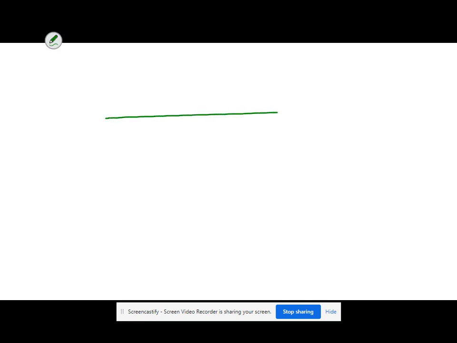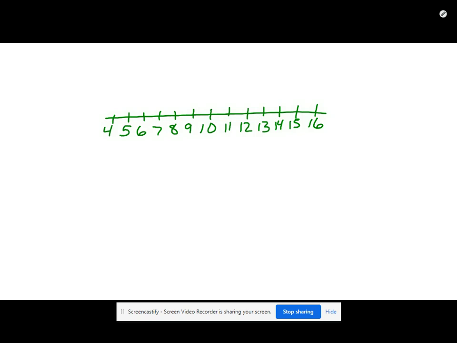So a box and whisker. Let's see. Okay, so there's my number line. I'm going to make my box like this.